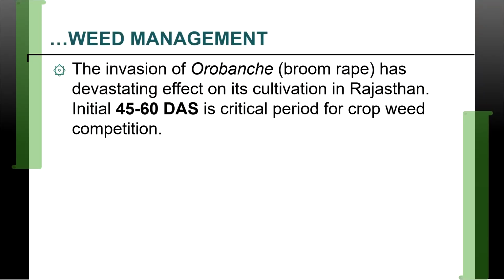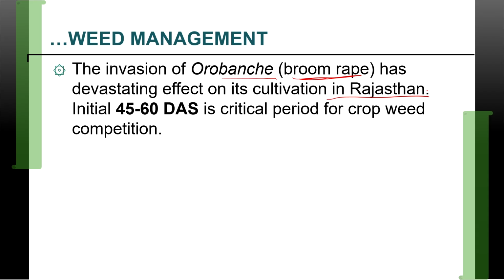Now, the question comes, seeing the damage done by weeds, how to control these weeds. There are also certain more weeds like Orobanche. Orobanche is a parasitic weed. It is a root parasite. The invasion of Orobanche, broomrape, the name is broomrape, has a devastating effect on the cultivation in Rajasthan.